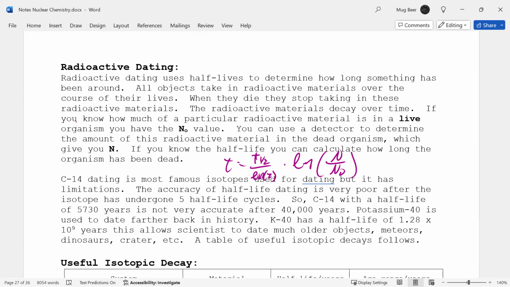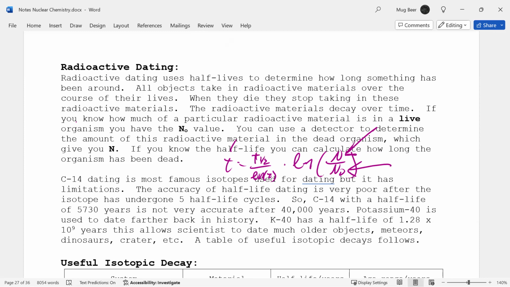If I wanted to date something, determine how long it's been around, I need to know how much is left. So I need to be able to take a measurement to figure out how much of some radioactive material is left, and I need to know about how much there should have been originally. And then that can tell me how long that thing has been around.